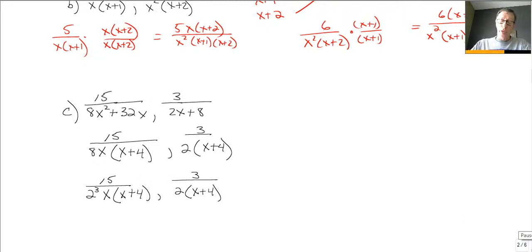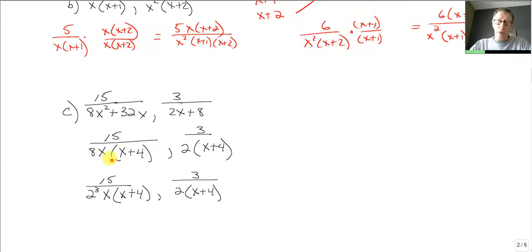In this example, I have two terms: 15 over 8x squared plus 32x, and 3 over 2x plus 8. Notice that these denominators are not factored yet, so let's factor them completely to see what our factors are. In the first term, I can pull an 8x out, and that would give me x plus 4.